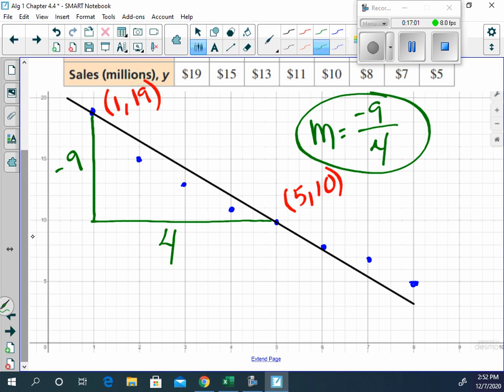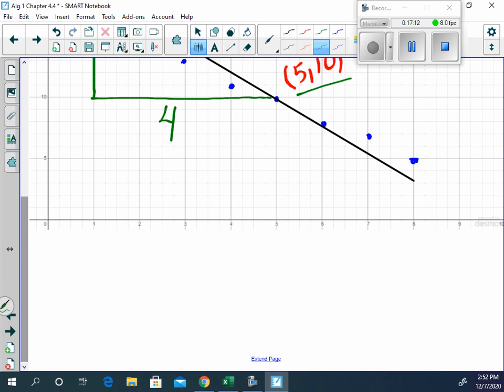Negative 9/4. And again, what we're wanting to do is create an equation of a line. So I have a slope and a point, yes? I can use either one of these here. And our point that we can use is, say, 5, 10.